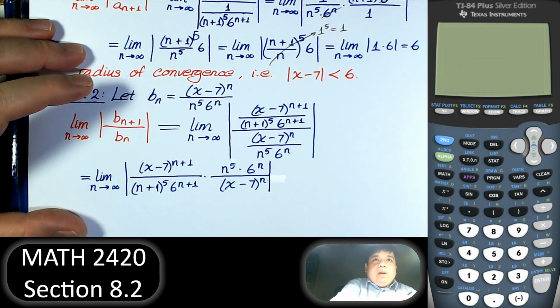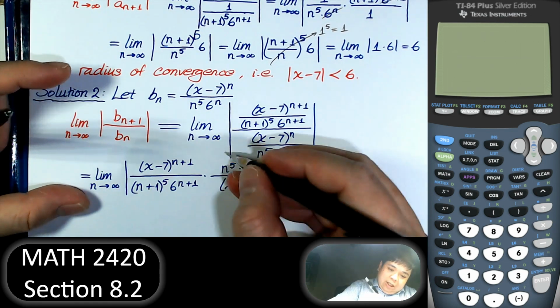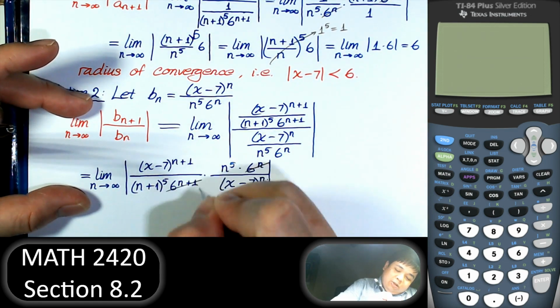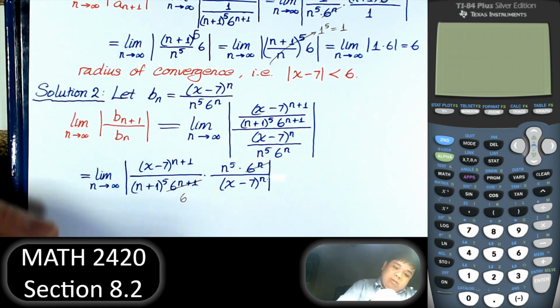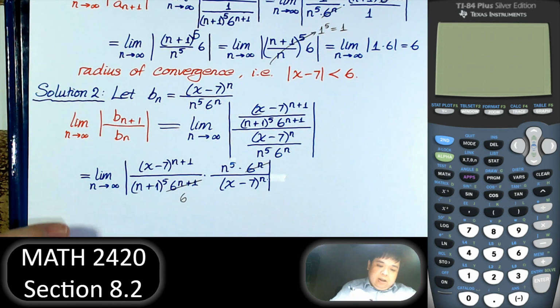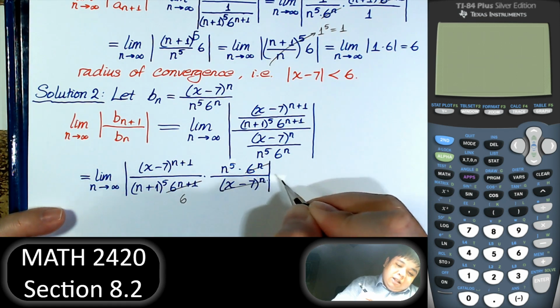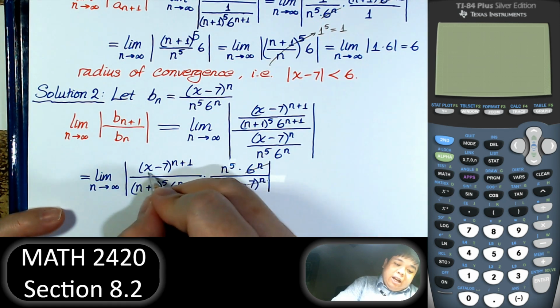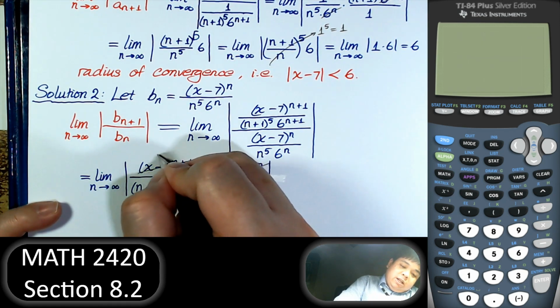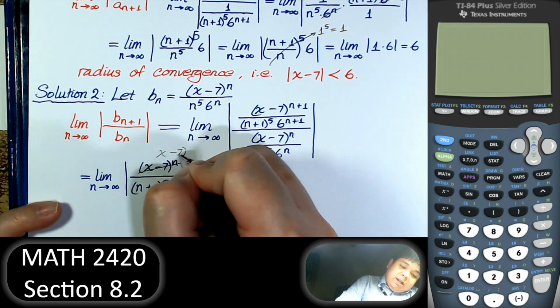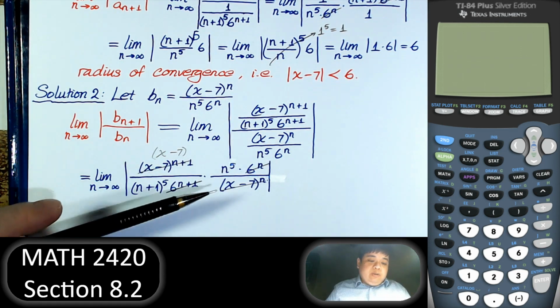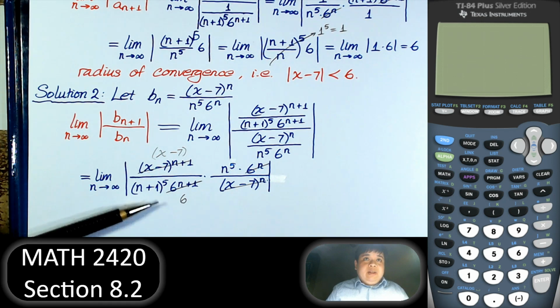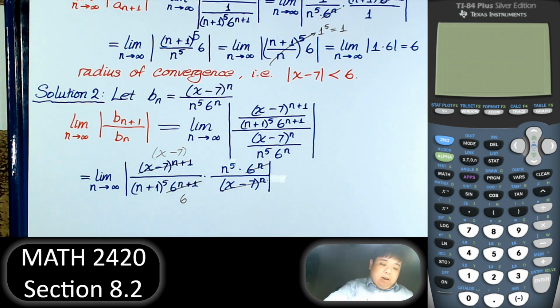Right, what can we simplify? 6 to the n, 6 to the n, 6 at the bottom, right? x minus 7 to the n plus 1 over x minus 7 to the n, we have x minus 7 on the top there, and then n to the 5th and n plus 1 to the 5th stay there, cannot really simplify.